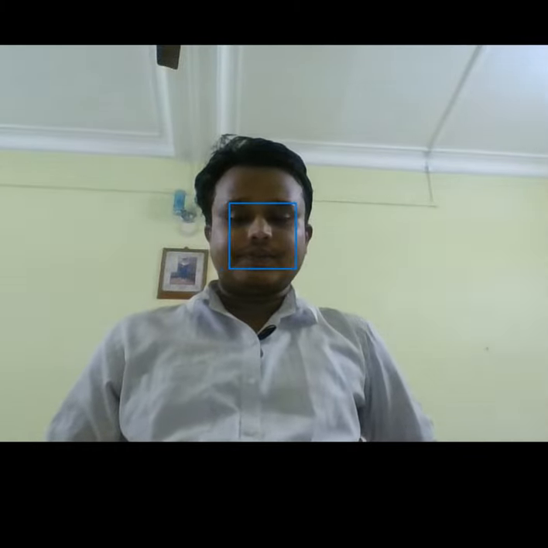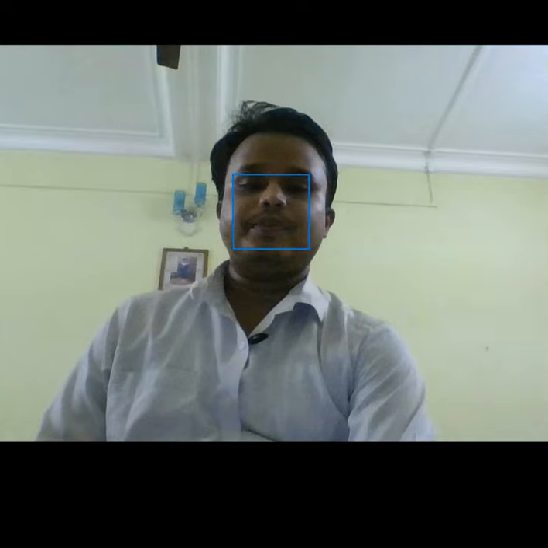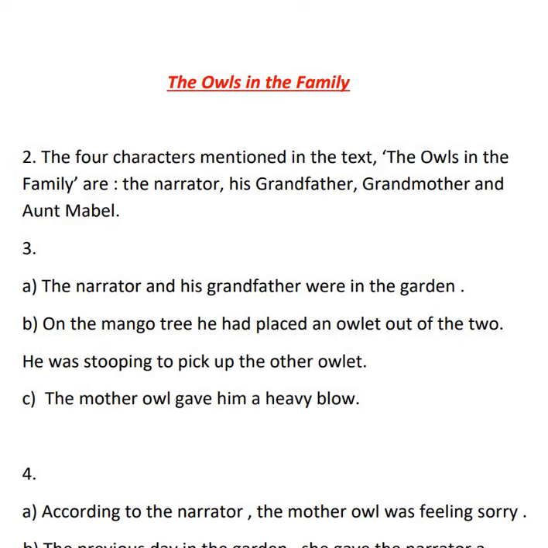There are 4 characters mentioned in the text. Can you identify them? Yes, we can identify them, and these are the characters. The first character is the narrator himself, then his grandfather, his grandmother, and Aunt Mabel. So these are the characters in the story. Okay.